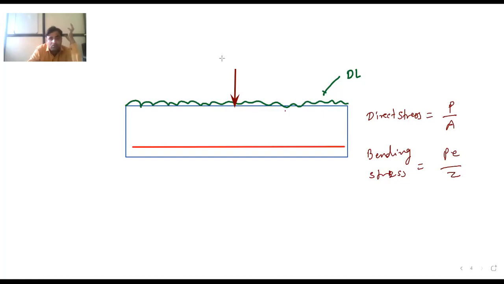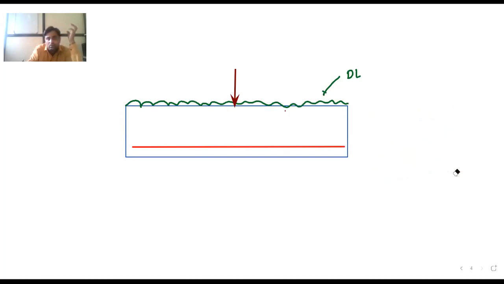So in prestressed concrete, I will erase this first. Here in prestressed concrete, if you see this bar, we leave clear cover from this side, clear cover from this side and from the bottom, and then this reinforcement is there.